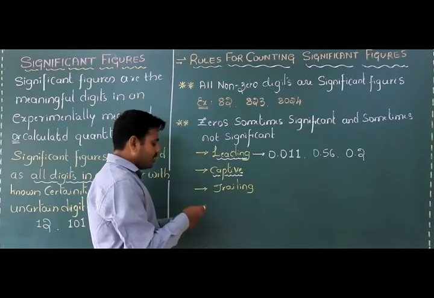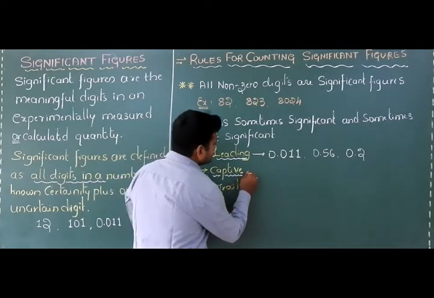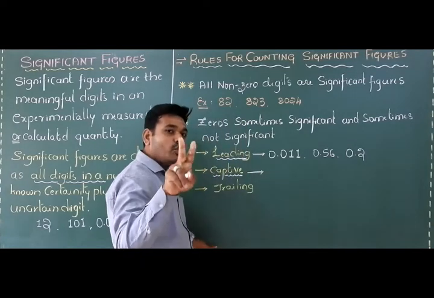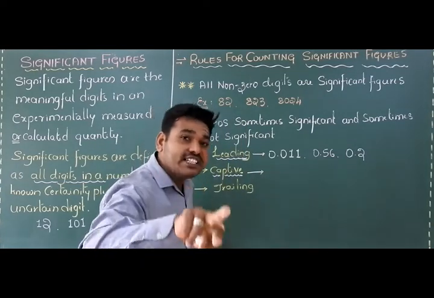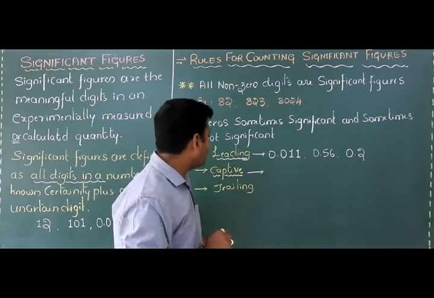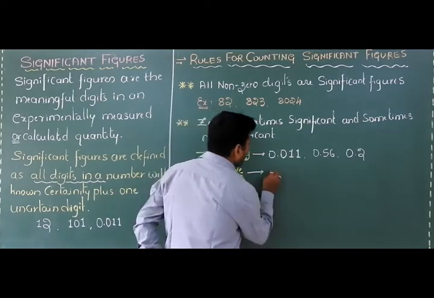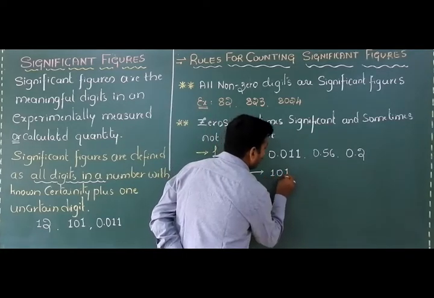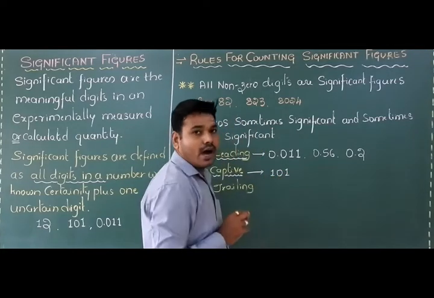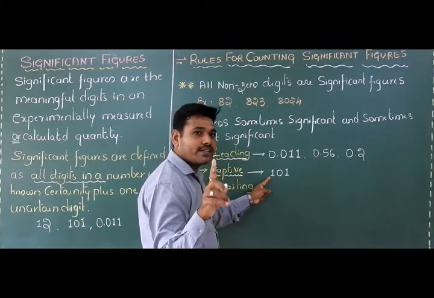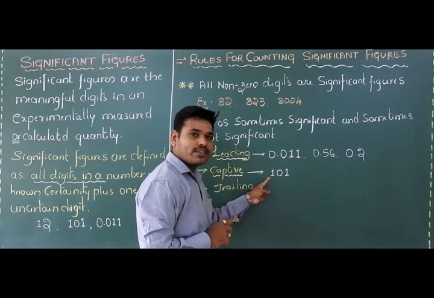Now captive zero. Captive zero means the zeros which are present between the two non-zero digits. Such types of zeros are called captive zeros. So let us take an example. 101. In this 101, a zero is present. Which type of zero is present, students?